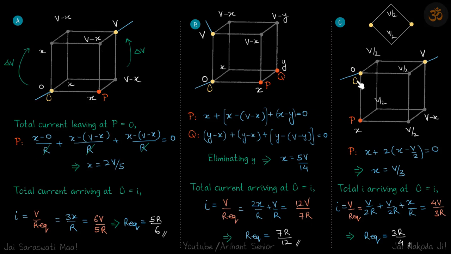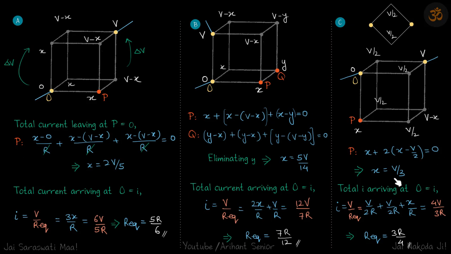So the potential drop across P is equal to the potential drop from V minus X to V. So again we'll write the current leaving at point P. So that is X minus 0 by 0 plus X minus V by 2 plus X minus V by 2, 2 times that.